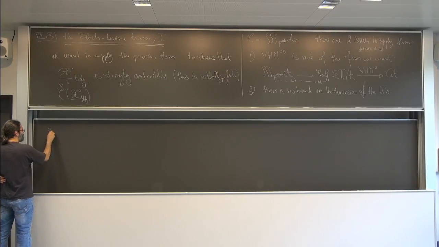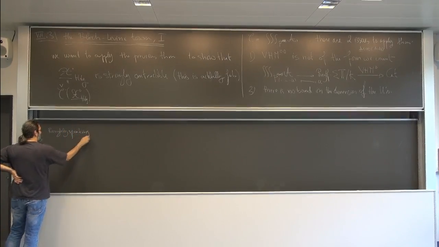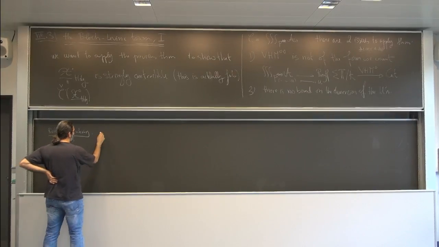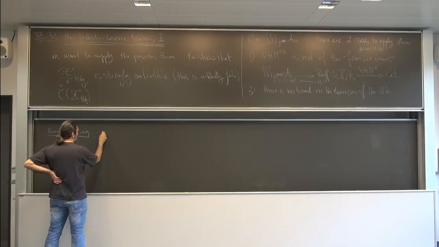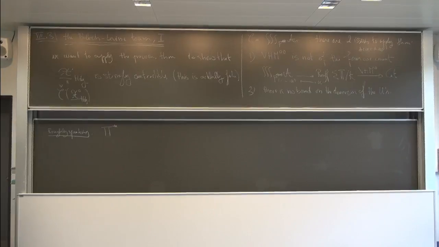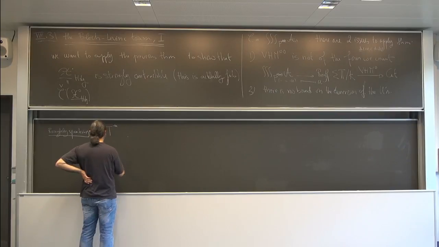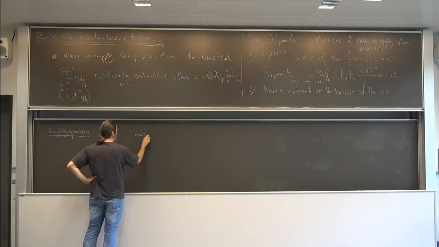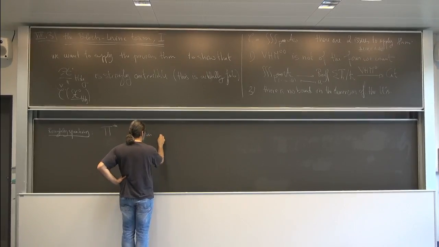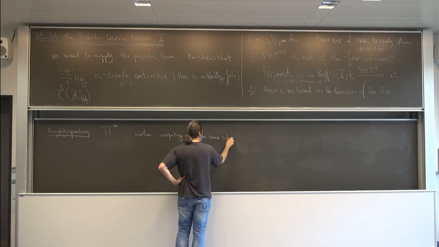Roughly speaking, remember that there was this functor p upper big pi upper star, which involves computing cohomology on some schemes.